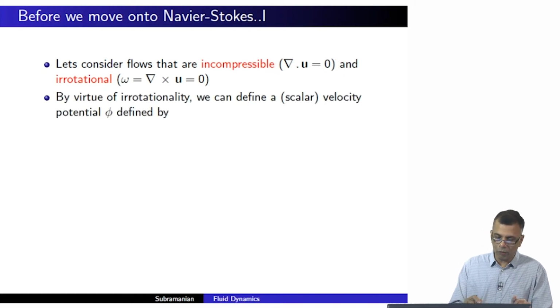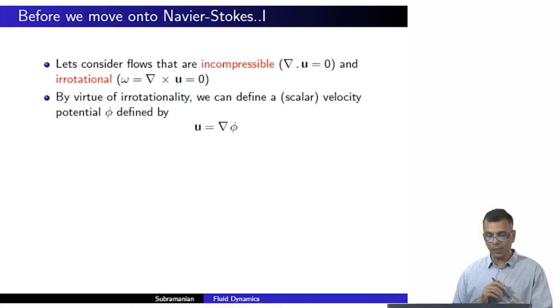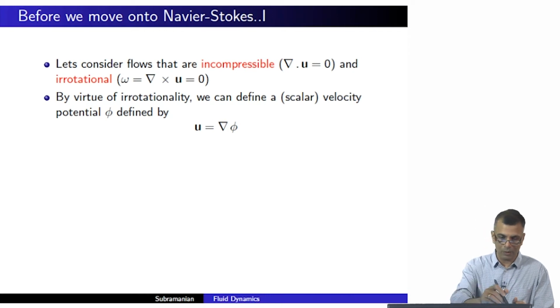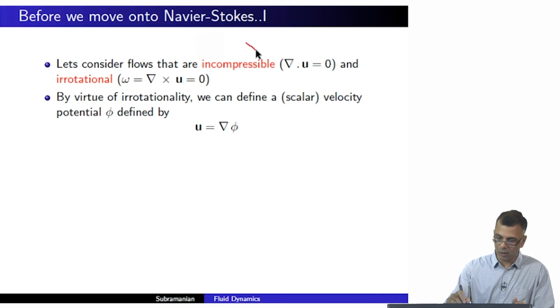Now, by virtue of irrotationality, by virtue of the fact that the curl of u is 0, you can define a scalar potential, u equals the gradient of phi, like so. Why? Because the curl of the gradient of a scalar function is always 0, right? The curl of u is 0, we already said that.